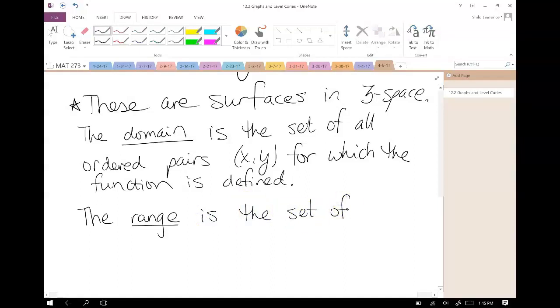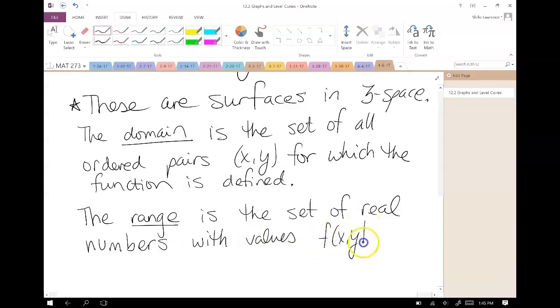We only get a single number back when we plug in the two values for x and y. So it's just a single set of real numbers that we get back for f of x, y or for z, depending on which format it's written in.